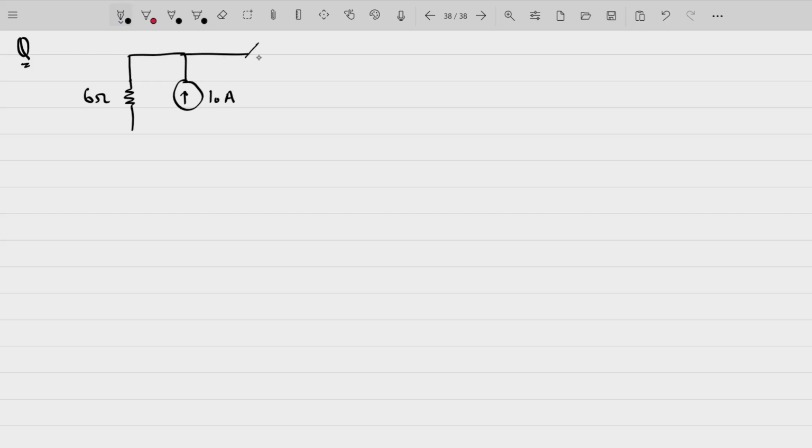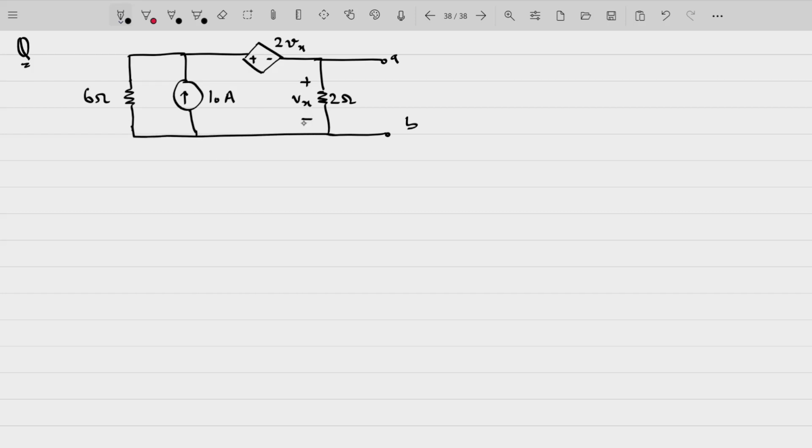You have a dependent voltage source plus minus 2Vx, 2 ohms, A, B. Vx is the voltage across this 2 ohm resistance. You have to find out the Norton's equivalent of this.